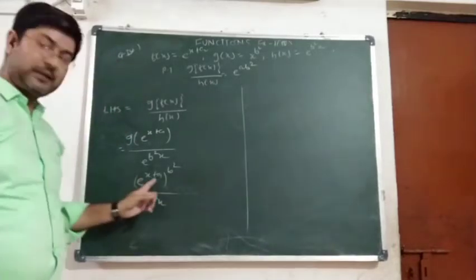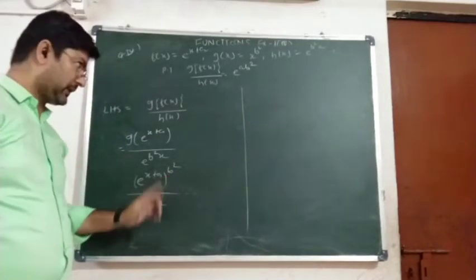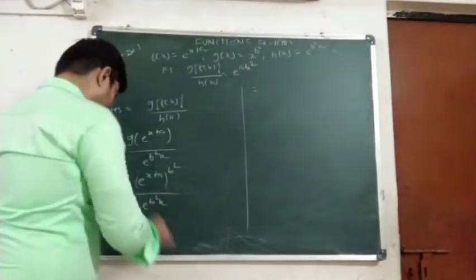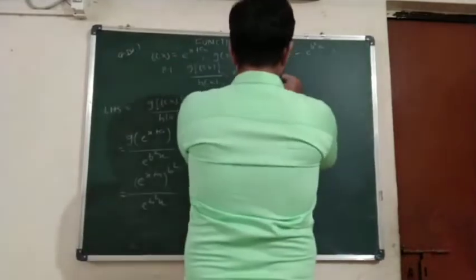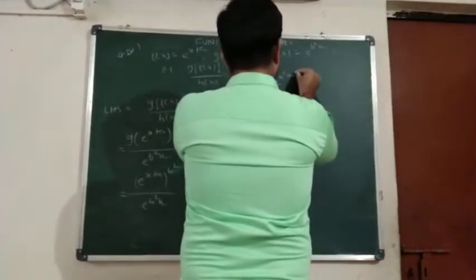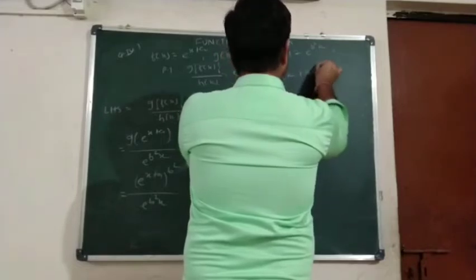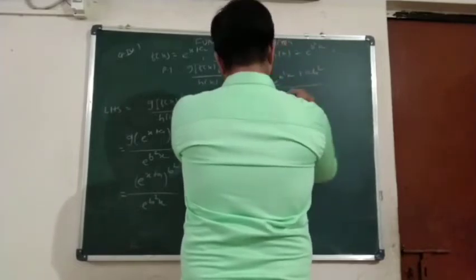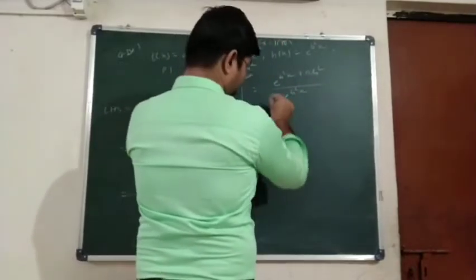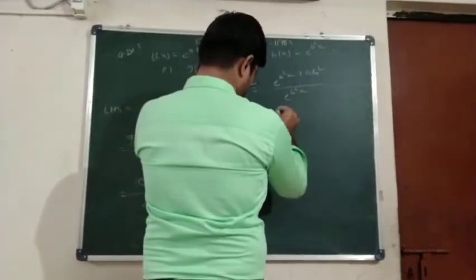Now let us apply power of power law. We will multiply the powers. So on simplification we can write e raised to b square x plus ab square, upon e raised to b square x. Let us split this above term into two terms.